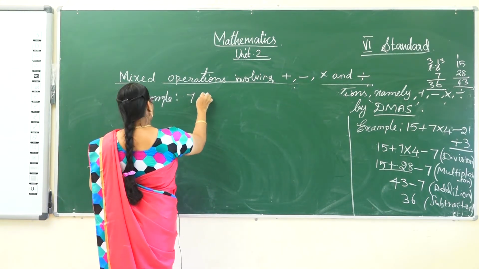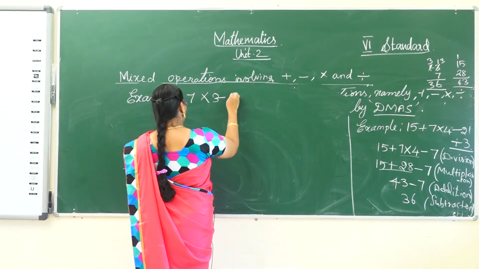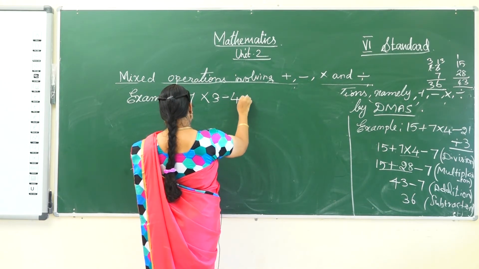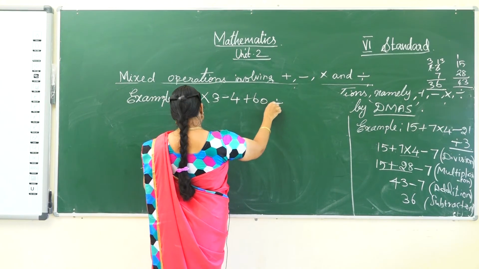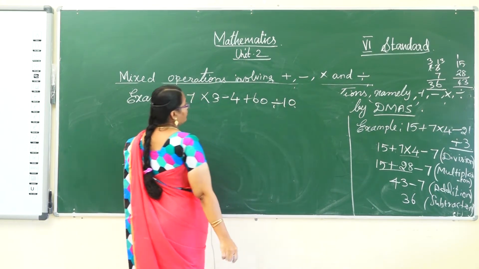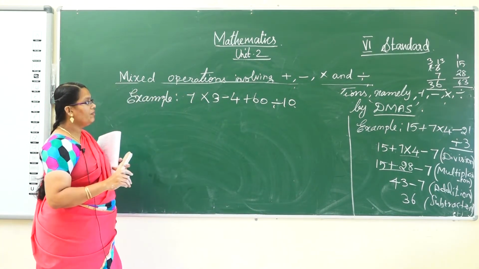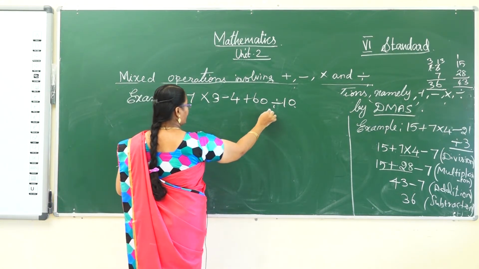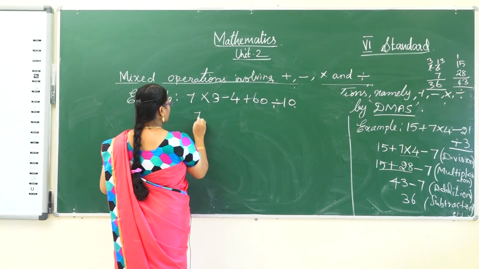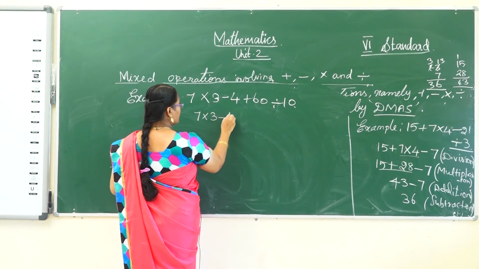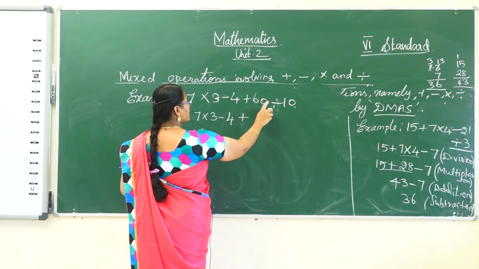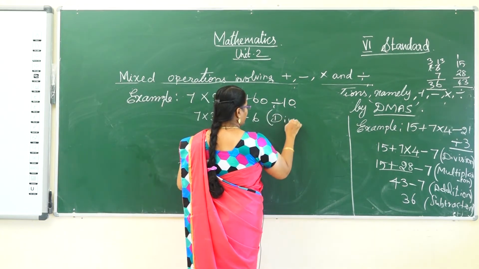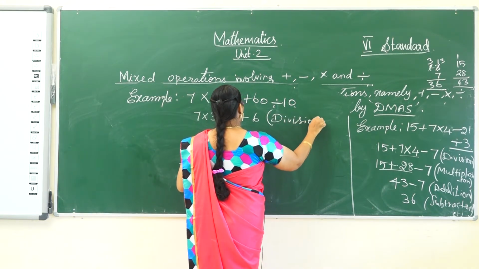Simplify 7 into 3 minus 4 plus 60 divided by 10. We use the DMAS formula. First preference to division: 60 divided by 10 is 6.